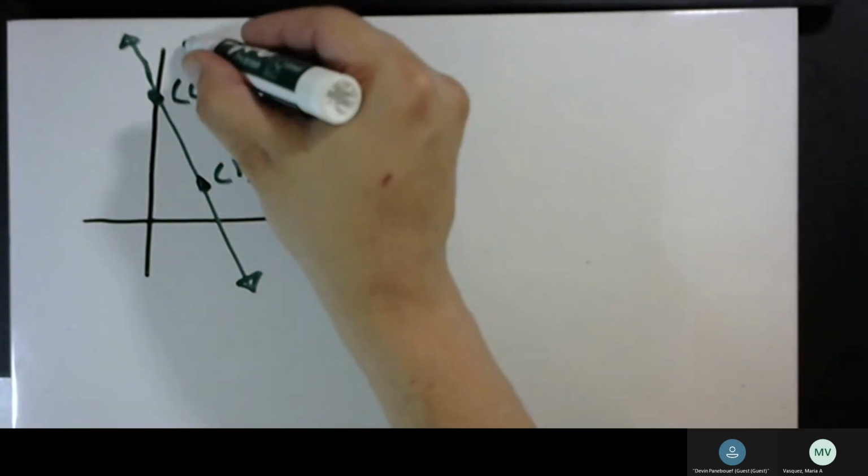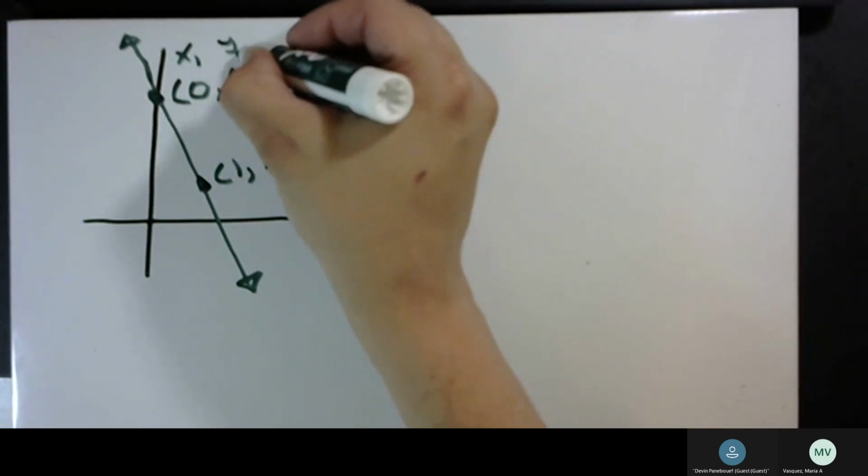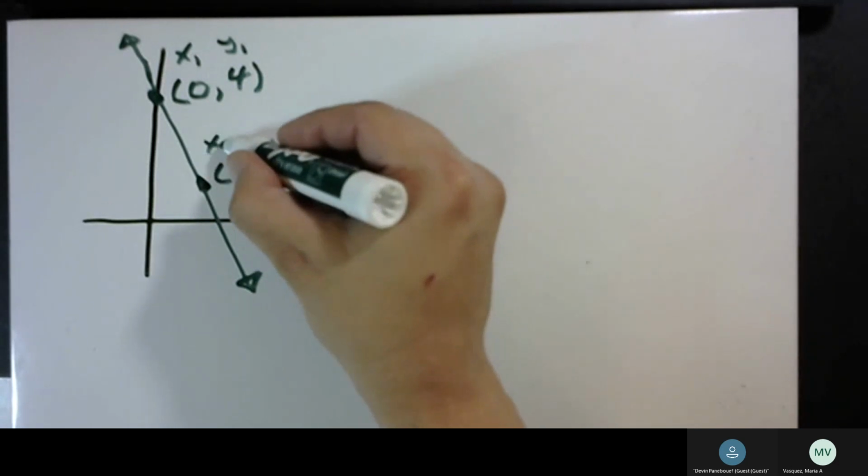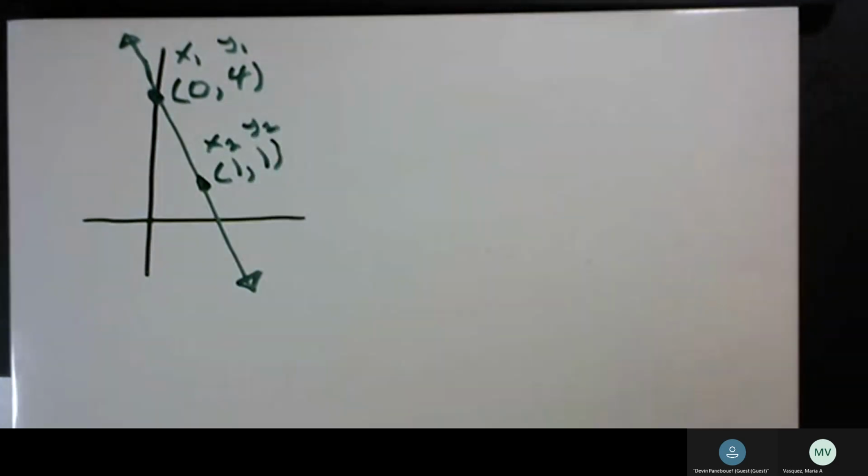And let's say this is x1, y1, and this is x2, y2.